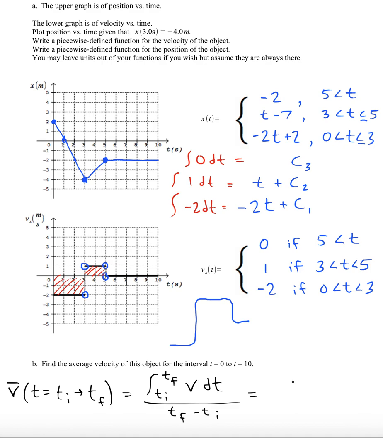So we're going to get negative 6 plus 2 plus 0 over 10 minus 0.